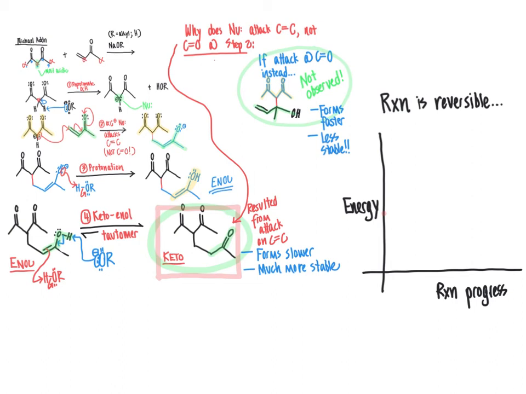That is the plot that has a slower formation, which indicates a higher activation energy barrier to climb over. So we'll make a nice tall activation energy barrier, but then it is more stable ultimately, which means that the final product has very low energy.